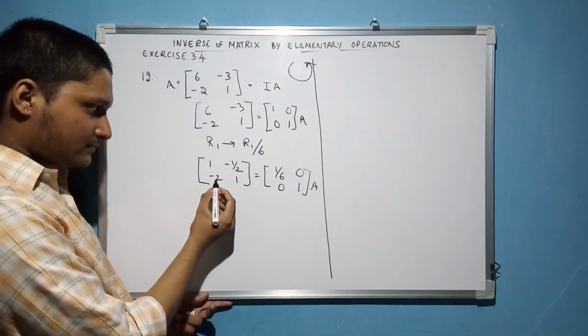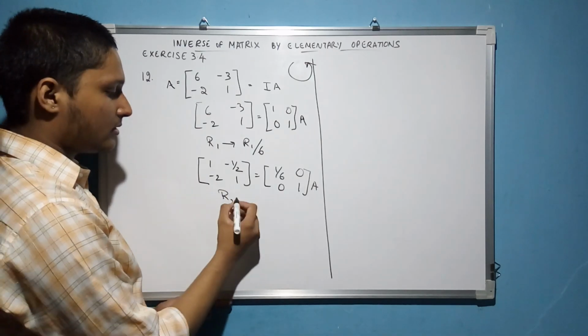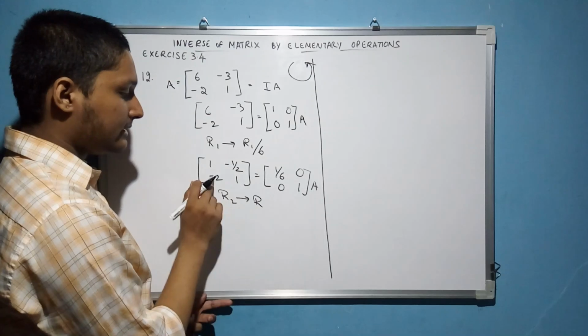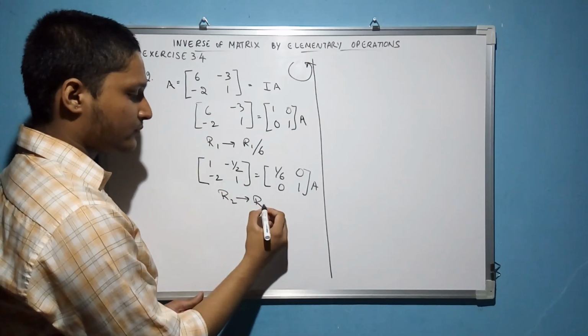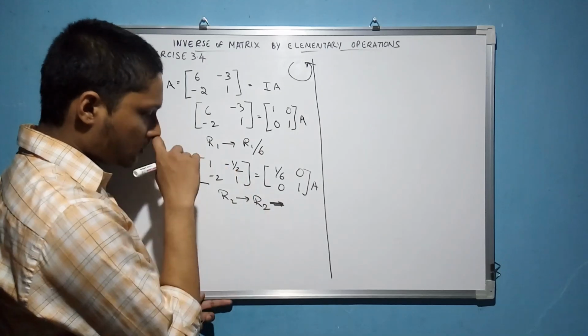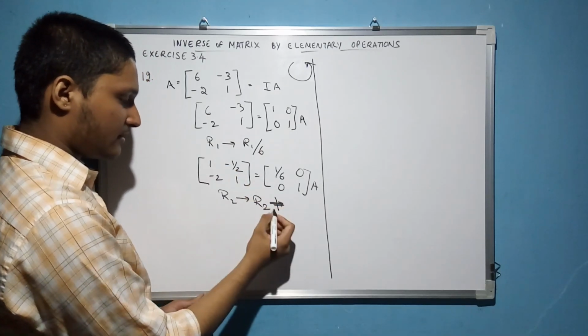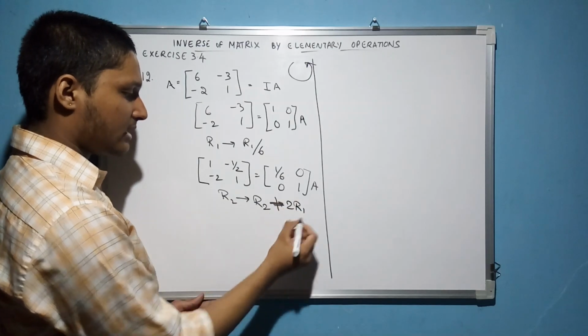So now we have your R2. For converting this into 0, I am going to add 2 times R1. So R2 is converted into R2 plus 2 times R1.